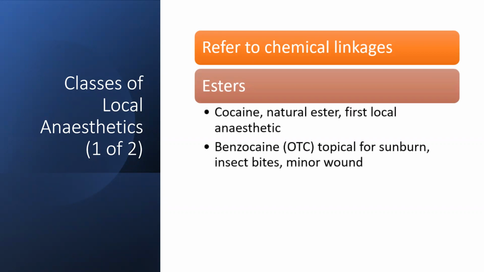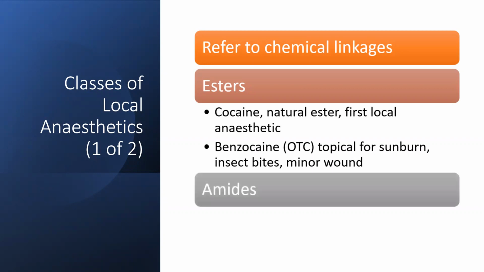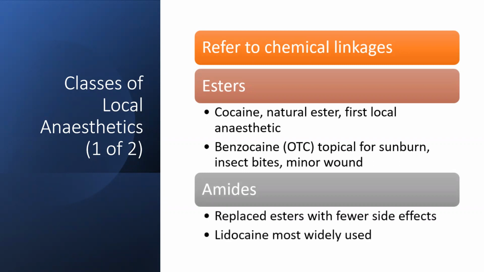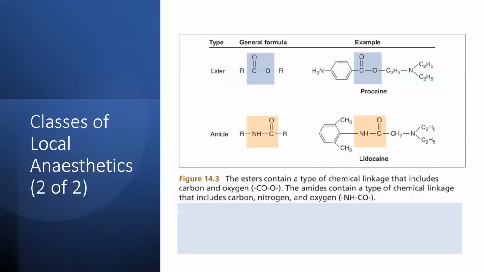They can be cocaine, natural esters, and benzocaine, which is used topically for sunburn, insect bites, and minor wounds. Then we have another class called amides, which replaced esters with fewer side effects. Lidocaine is one of the most widely used examples of local anesthetics. Benzocaine and lidocaine are available outside as OTC also.